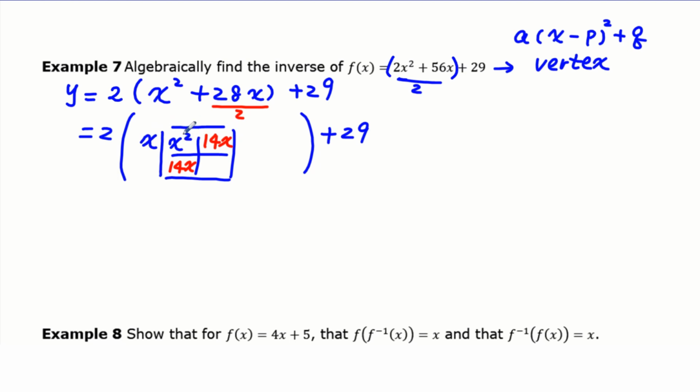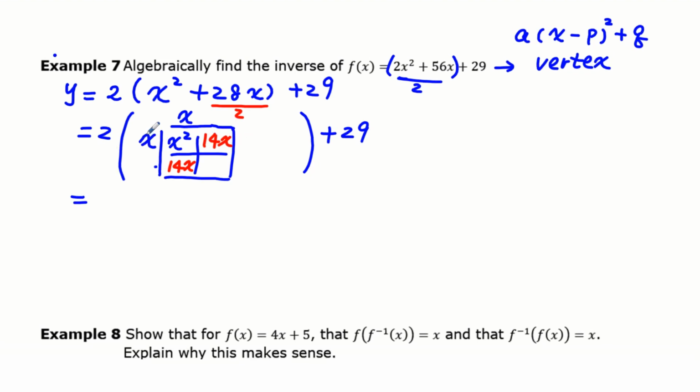This is the area of this box. Another side is found by division, so it's x. This area is 14x, one side is x, another side 14x divided by x gives you 14. And do the same thing. So this one, 14x is area, one side is x, another side will be 14. Then from here you will see we have x plus 14 times x plus 14 as the two sides.